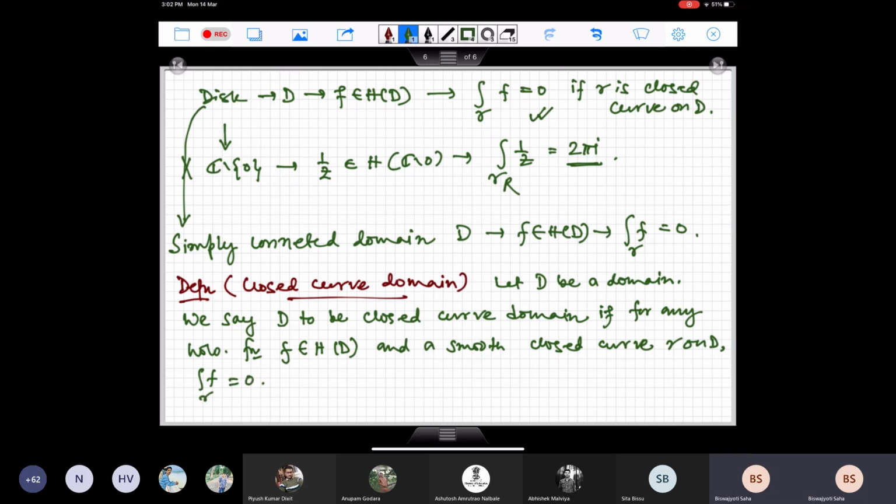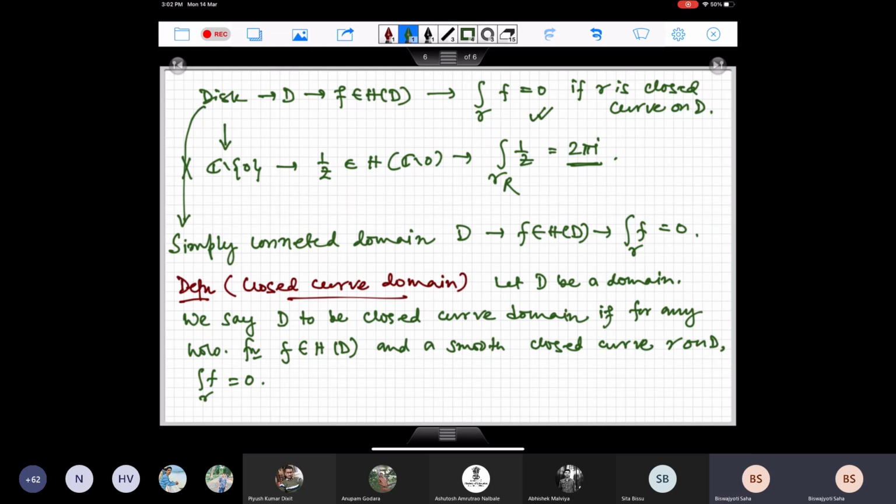That means wherever the closed curve theorem holds for holomorphic functions, those kinds of domains I'm going to call closed curve domains. I'm just using it as a substitute for this simply connected notion.